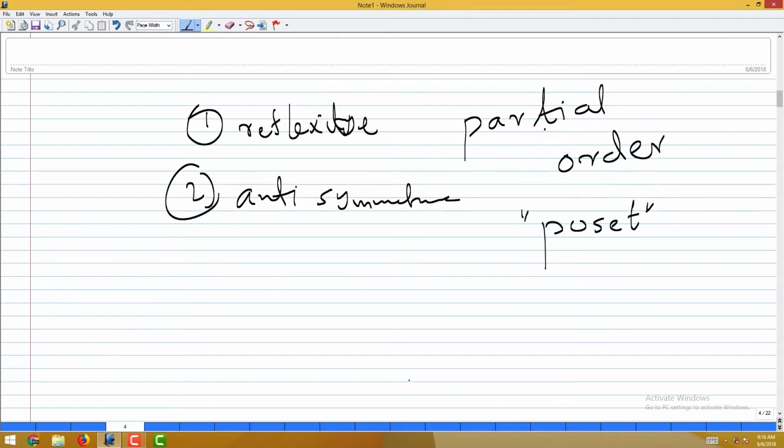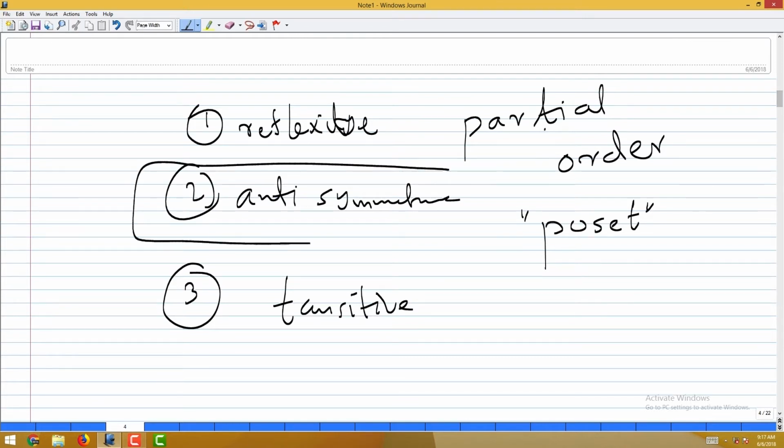But here exactly one orientation is allowed. That is antisymmetric. Third one is again transitive. Transitive we have already seen, right. So, the difference is only here, and this makes a big difference, that makes it more non-trivial, right.